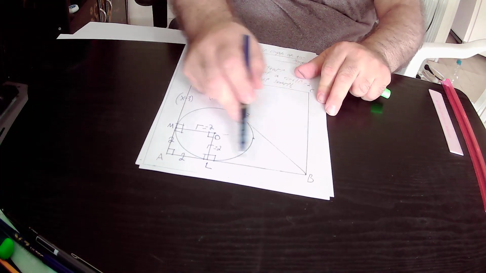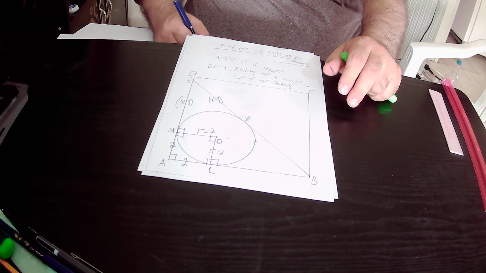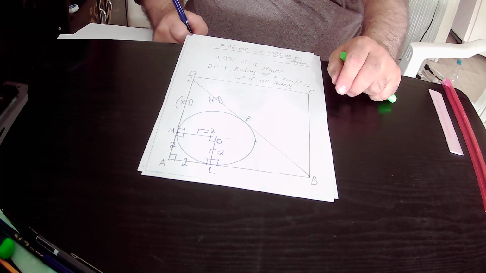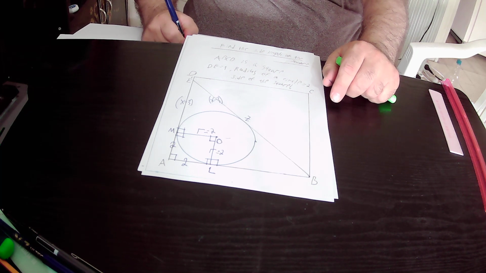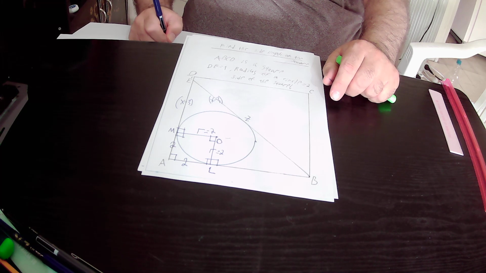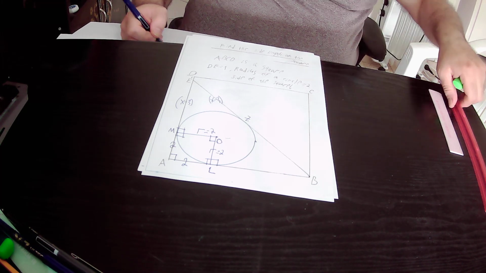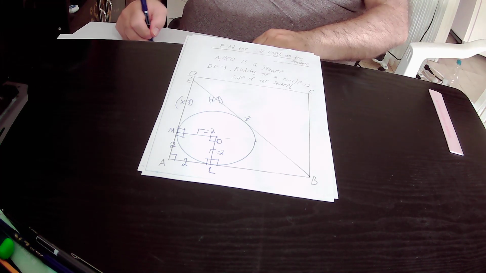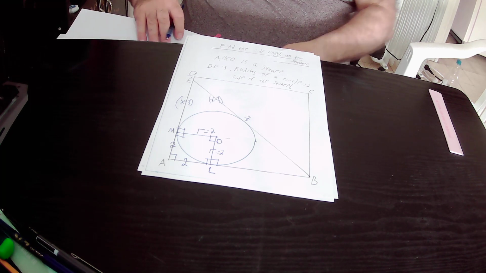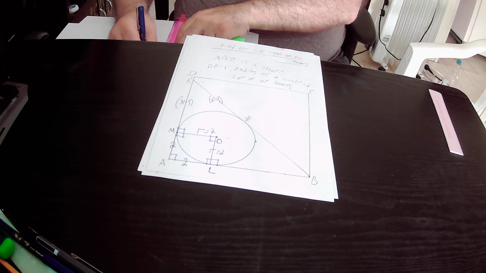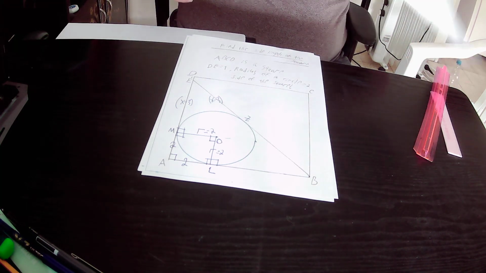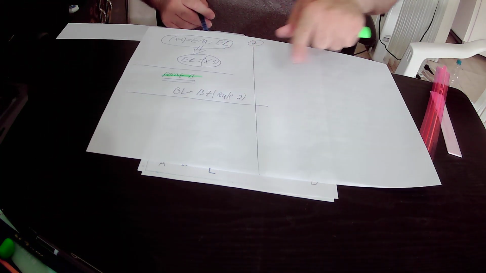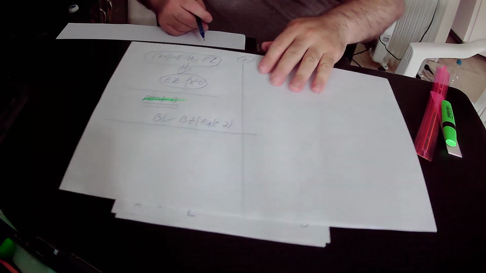The first tangent is tangent BL. And the second tangent is tangent BZ. And according to rule number 2, the lengths of those two tangents must be equal to each other. So we can write down here that BL equals BZ according to rule number 2.